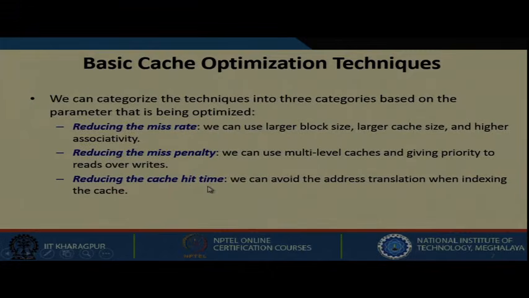If we have multiple levels, the access time of those levels will be much less compared to the access time of main memory. So in such cases, the miss penalty can be reduced by having multi-level caches. Now, reducing the cache hit time. How do we reduce the cache hit time? When we are hitting the cache and searching for that tag, we are matching something.